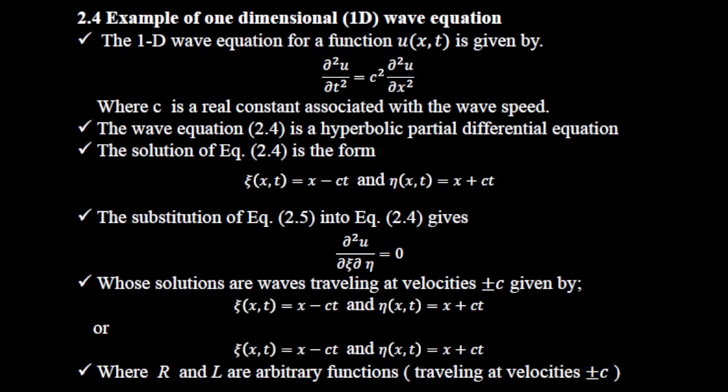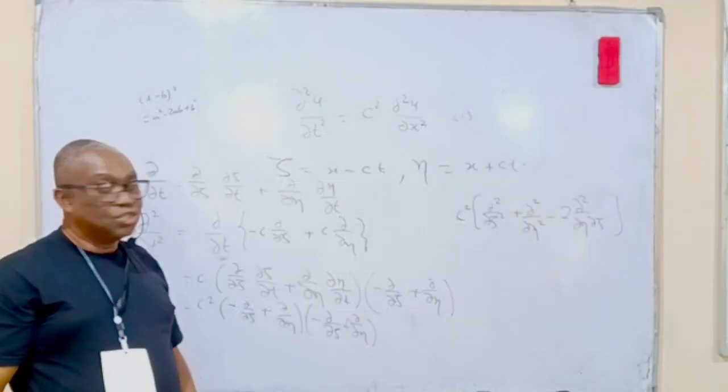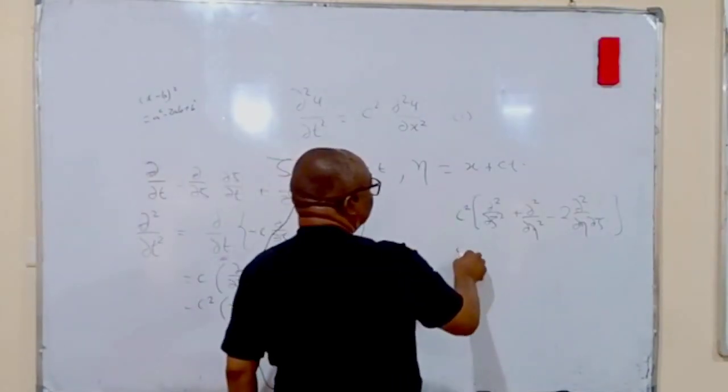So, because of the substitution we are making, the left-hand side takes this to operate on u. All right? So we're going to have c squared.